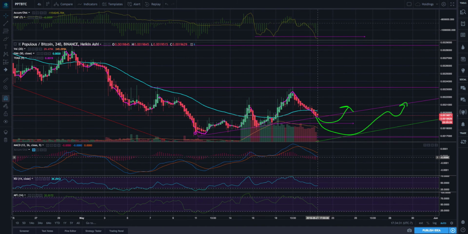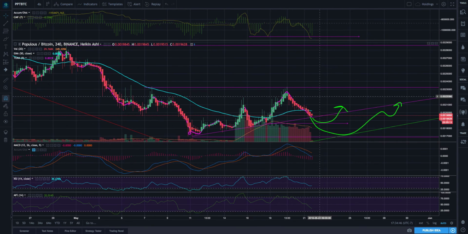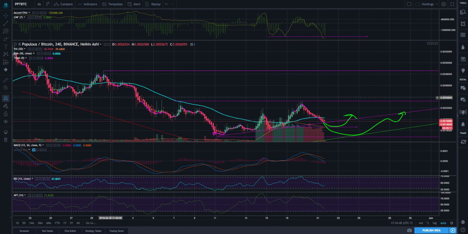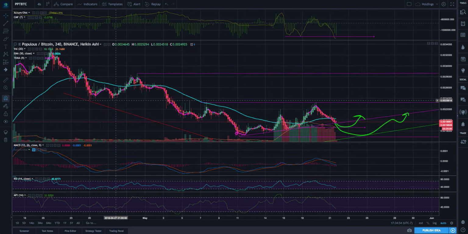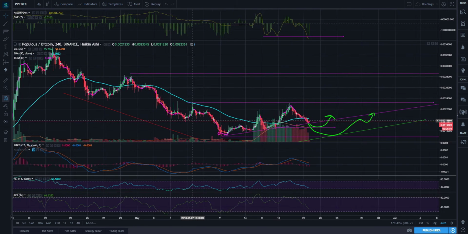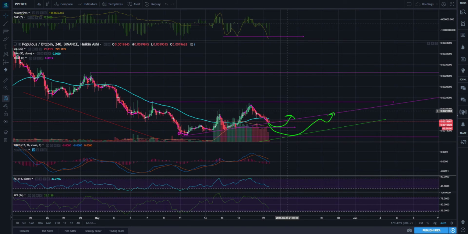Looking at the MACD, we see the 12-day moving average sliding away from the 26-day, and it's starting to dip down a little bit. The momentum of this coin falling down is catching up, so it's not a very good sign. However, if we look at the bigger picture here, there was an initial drop of the prices from April 20th, I believe, and from then on, the momentum of the price dropping has slowed down, and it has moved up.